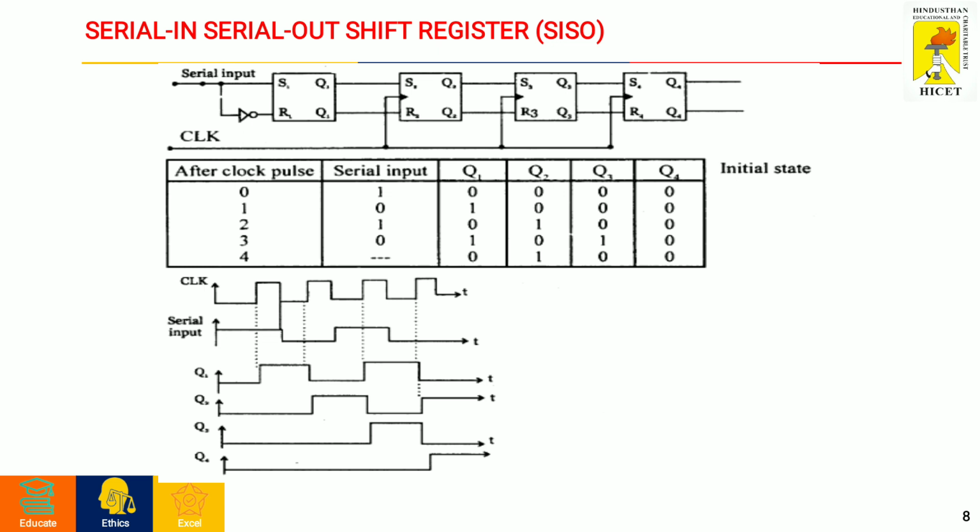Then the bits are shifted and we get the output like 01010 for Q1, and for Q2 0010. If you see the waveform, you'll be able to understand, and Q3 will be 00010, and for Q4, if you notice, initially it will be 0, and as soon as the last data comes in it will reach the high state.